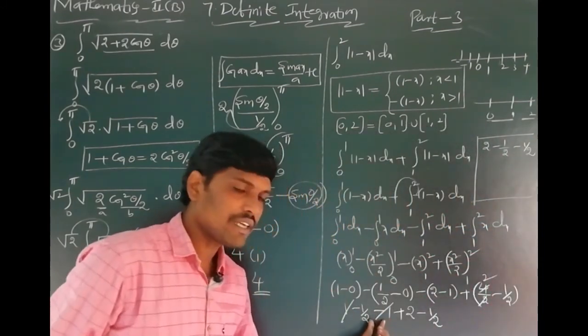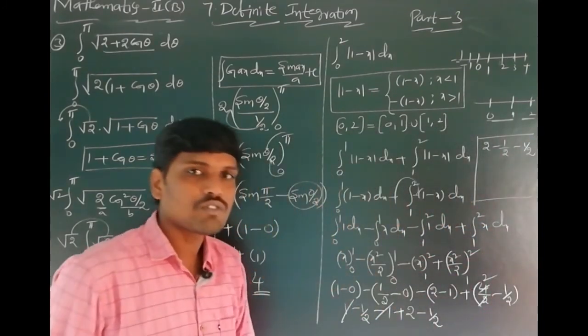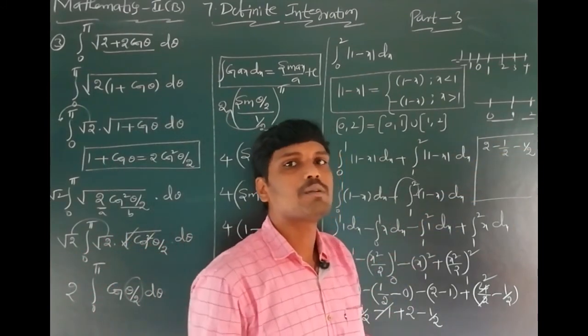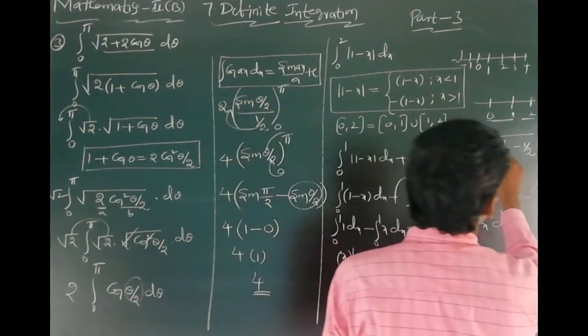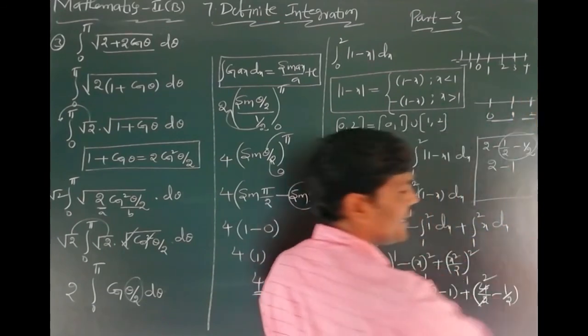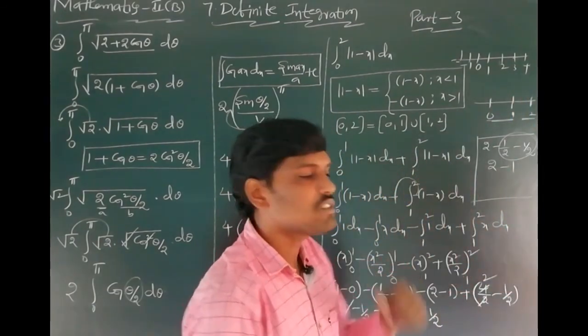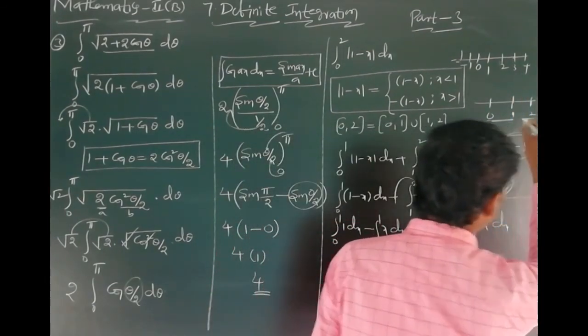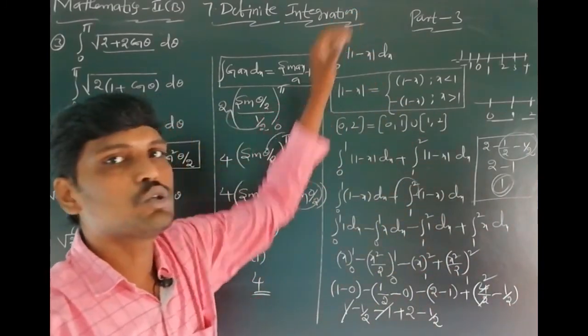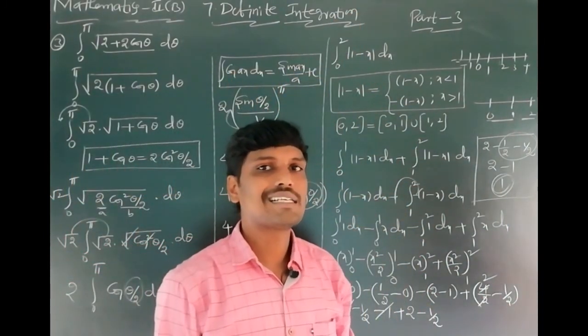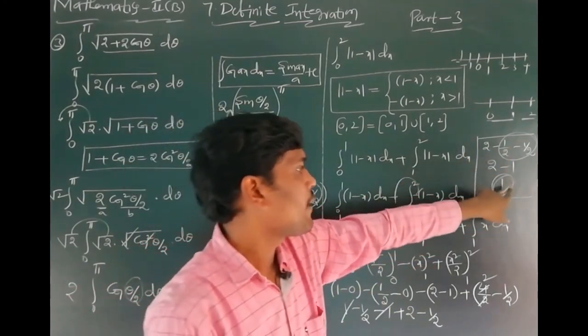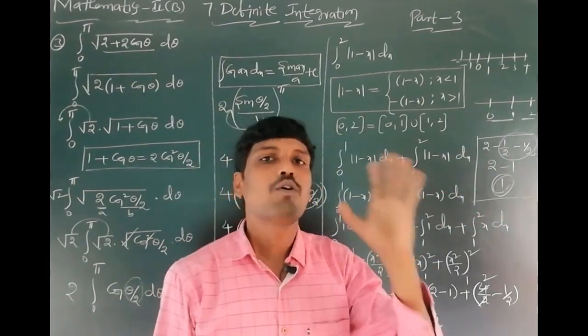Here plus 1 minus 1 cancel. You get minus 1 by 2 minus 1 by 2, nothing but minus 1. You get 2 minus 1. This value is equal to minus 1. After that, 2 minus 1 value how much? 1. This is the value of integral 0 to 2 modulus of 1 minus x dx, and the value is 1. This is one more important problem.